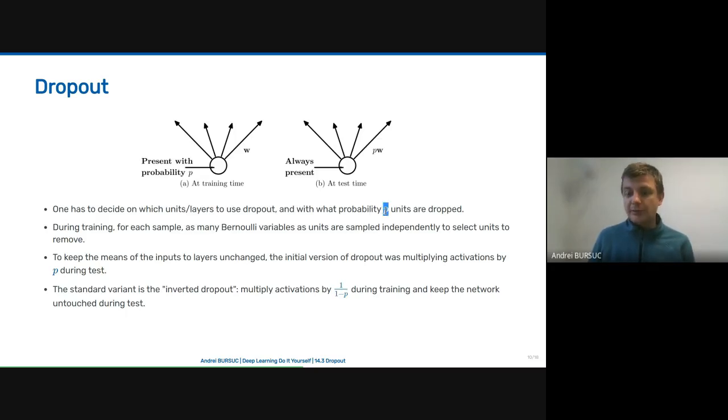Usually 0.5, but it depends on the architecture. But you can start safely with 0.5. Then, during training for each sample, we have as many Bernoulli variables as units, and we sample them independently to select which units to keep and which to deactivate. That's it in a nutshell.